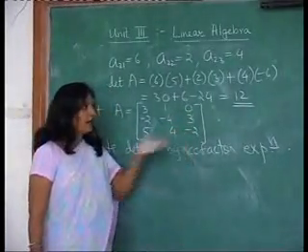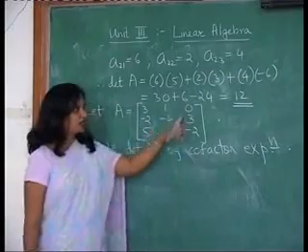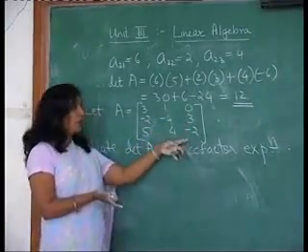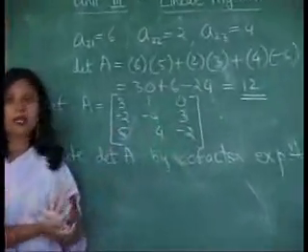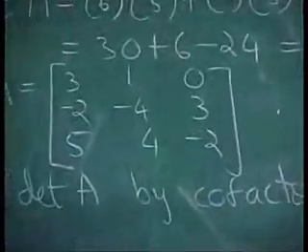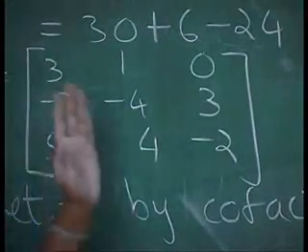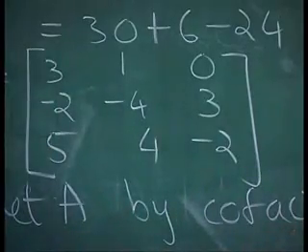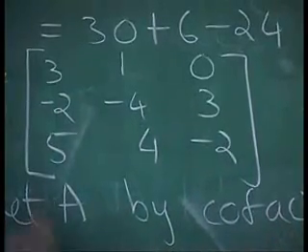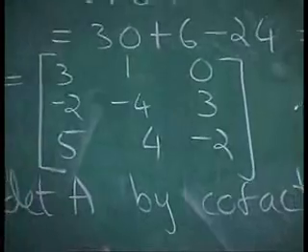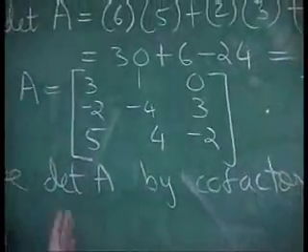This time I will go in for cofactor expansion along a column, because in the earlier problem we had done cofactor expansion along a row. So you have absolute freedom to use any one of the three rows, any one of the three columns. But if you want to minimize your effort, then go for a row or a column which contains the maximum number of zeros.